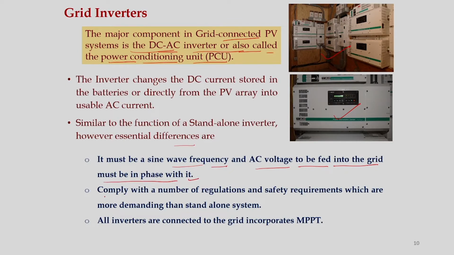And it must comply with a number of regulations and safety requirements which are more demanding than for a standalone system. All inverters connected to the grid incorporate MPPT. So, in this kind of inverter, MPPTs are attached.